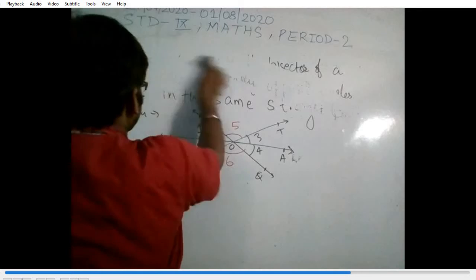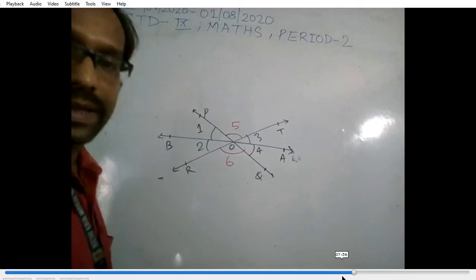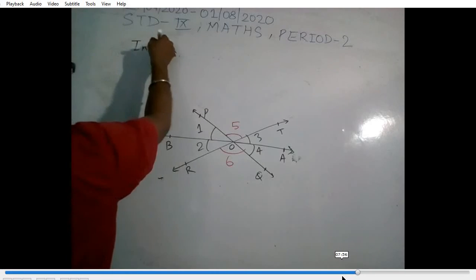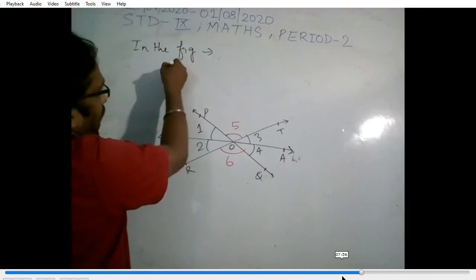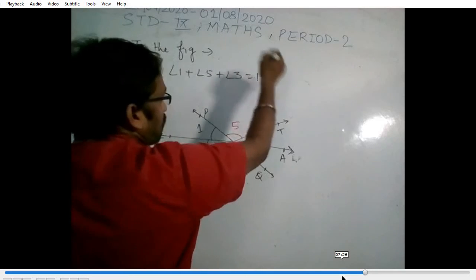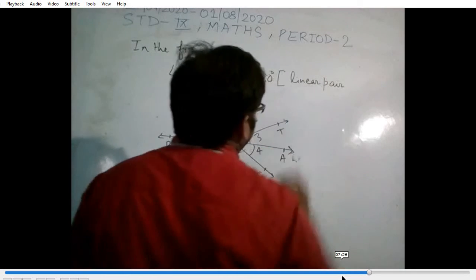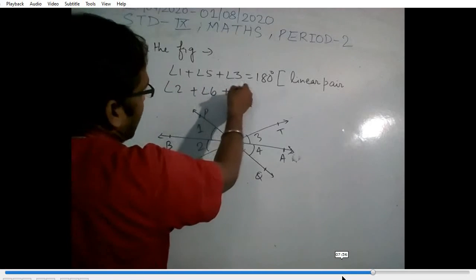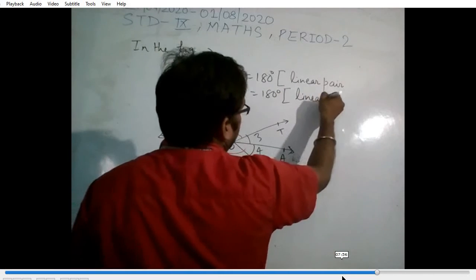So this will be my next step in this question. I will establish a relationship between these two. O is the point here, and angle 1 plus angle 5 is 180 degrees. Similarly 2, 6, 4 is also equal to 180 degrees because of the linear pair.